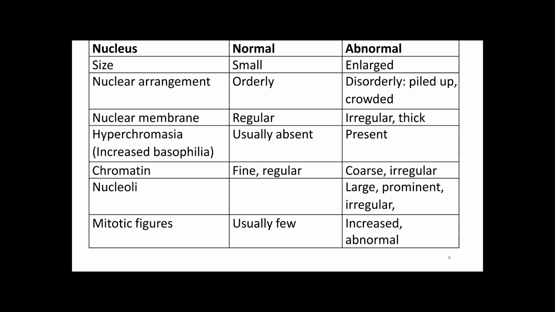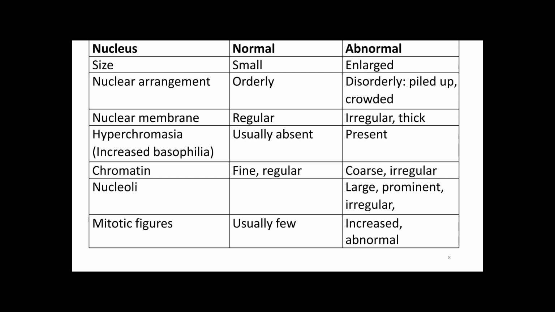When we consider the nucleoli, in normal cells it is smaller, and sometimes it will not appear, we cannot see it. But in abnormal cells we can see it larger, prominent, irregular. Sometimes we can see multiple nucleoli.